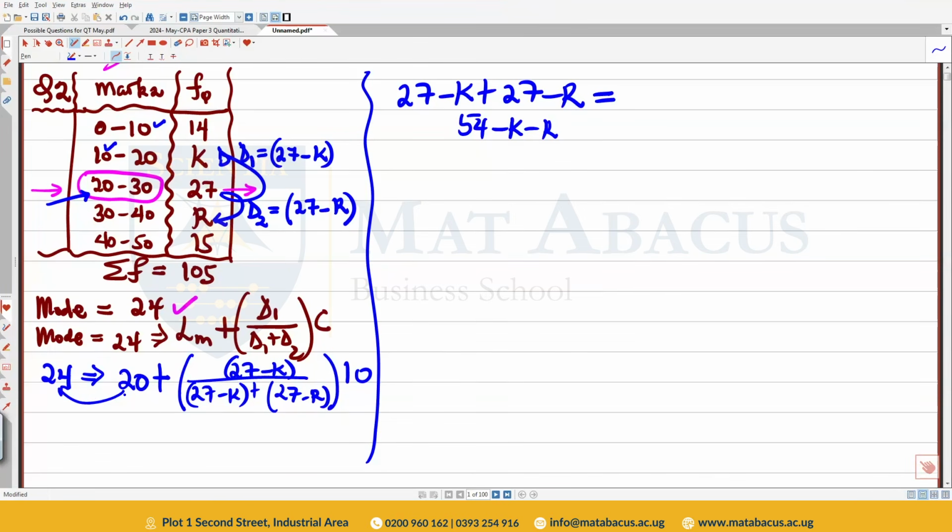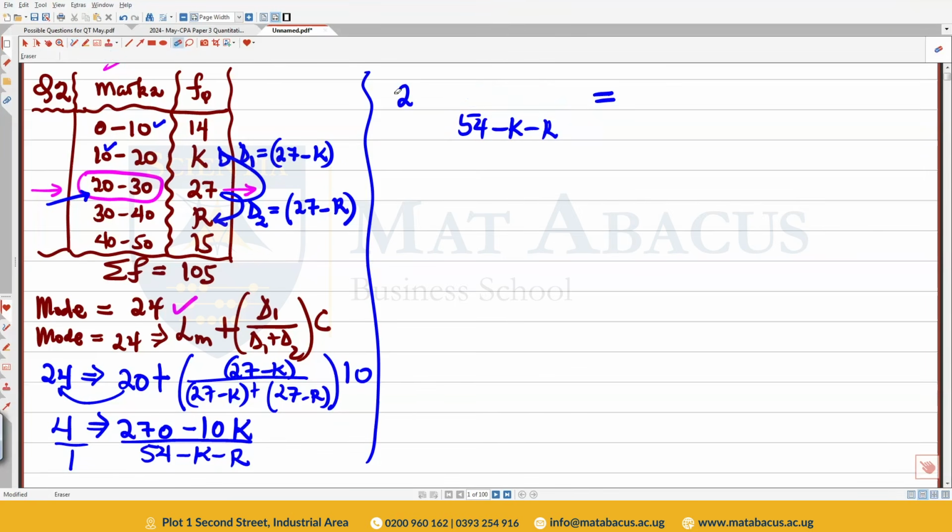So 24 minus 20 is a 4, being equal to, this 10 only multiplies the numerator. I repeat, never multiply 10 by the denominator. So it is 27 times 10, which gives you 270. So you have 270 minus 10K divided by 54 minus K minus R. This is over 1, so that's where we apply the principle of cross multiplication.